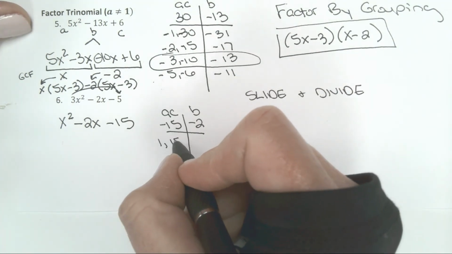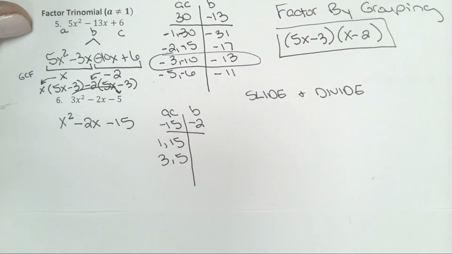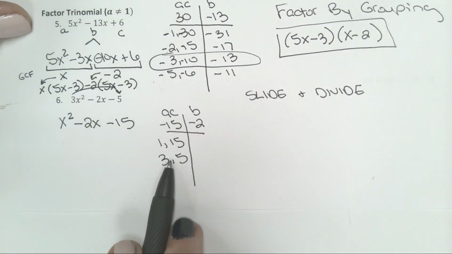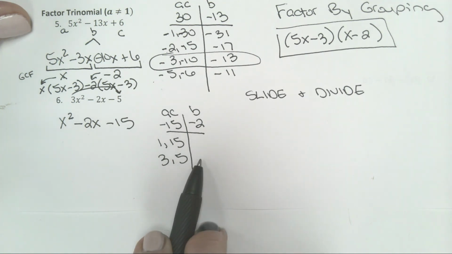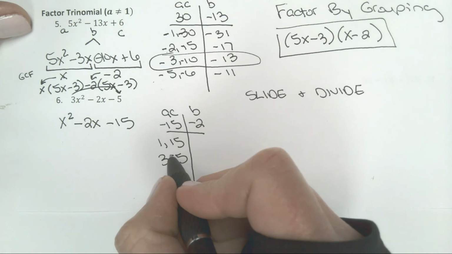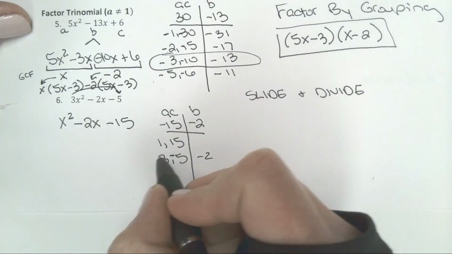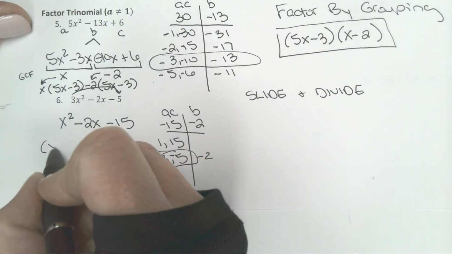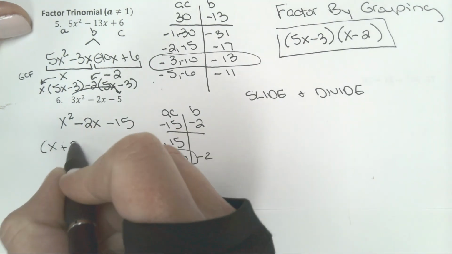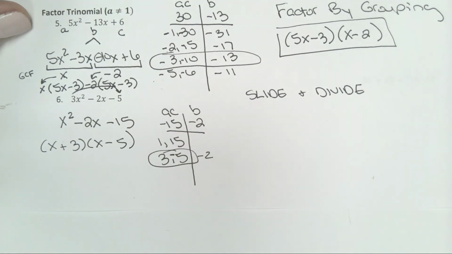So I can either use 1 and 15 or 3 and 5. I know I'm using 3 and 5 because they're 2 units apart. And it has to add up to negative 2. So that means the 5 has to have the negative on it. So this factors as x plus 3, x minus 5.